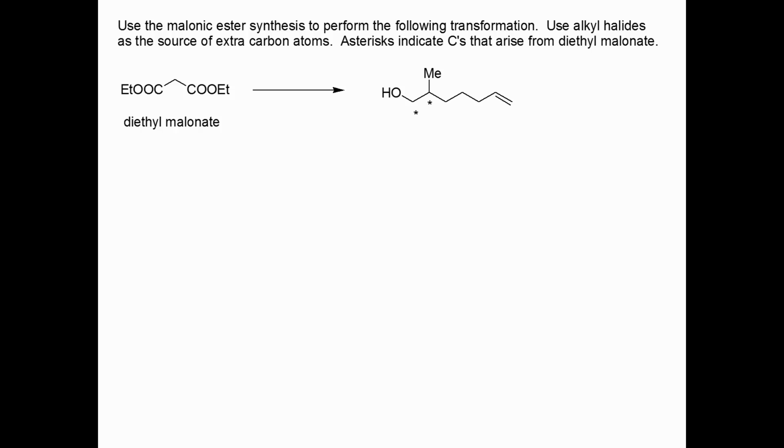Okay, so let's look at how this synthesis here is accomplished. The final step is going to be, basically, we know that we can produce a primary alcohol from a carboxylic acid by a hydride reduction. So that is the last step of the reaction. And right away, now you see it as a malonic ester synthesis product, right?